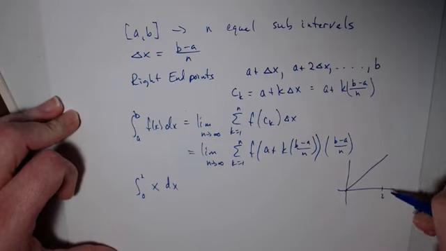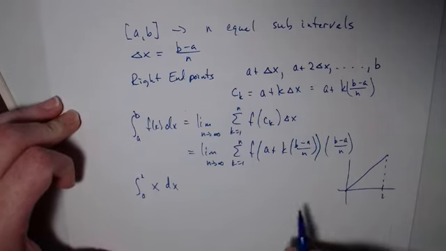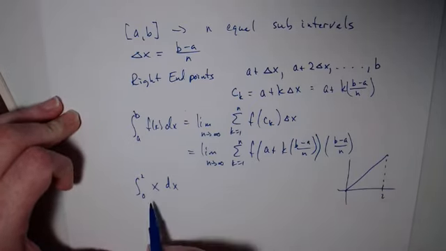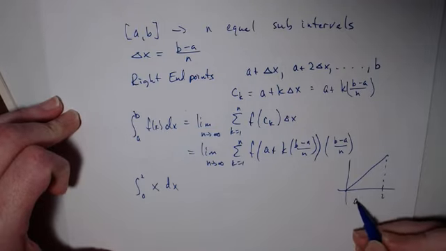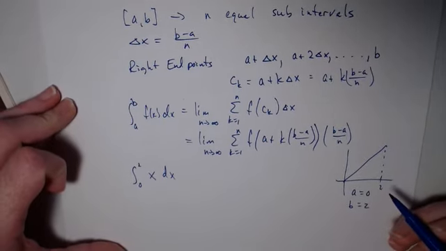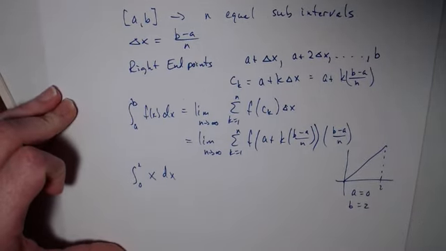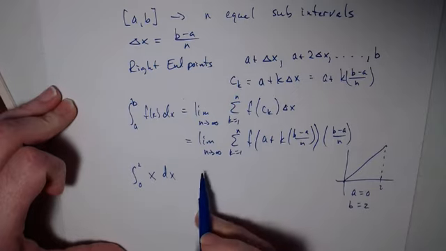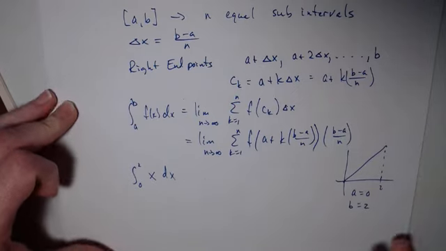So f of x is just x, that's nice. So a is 0, b is 2. We don't get to pick n this time because we're going to take the limit as n goes to infinity.